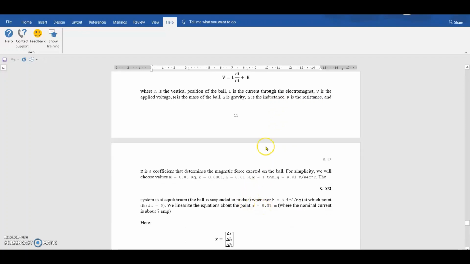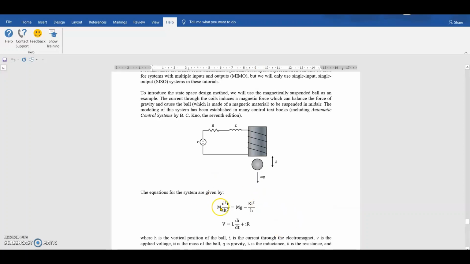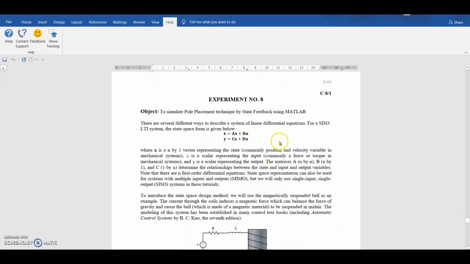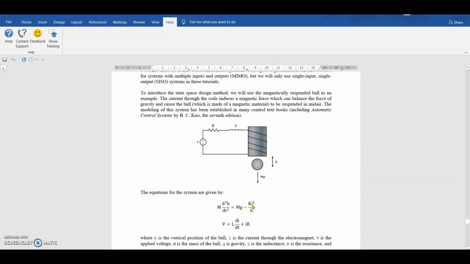So is this system linear or non-linear? As you can see, this system cannot be converted to this form without linearizing, because there is an i square term here. So we cannot use this system as such. We have to linearize this system.